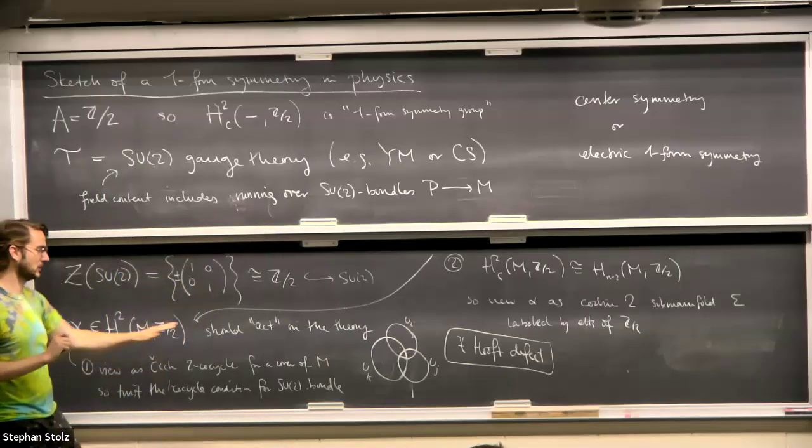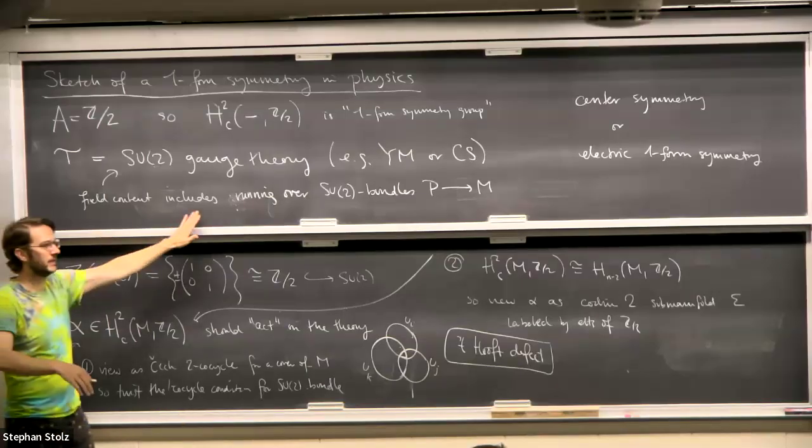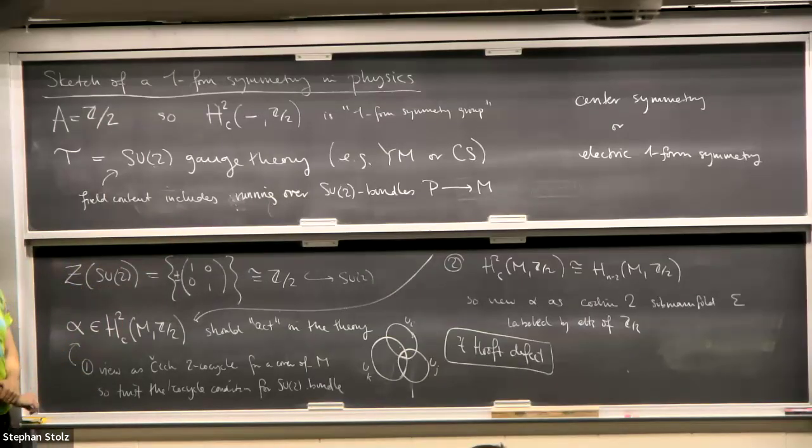In principle, you're allowed to modify it, and whatever it means to do Yang-Mills, you should also be able to talk about the path integral over these kinds of things. So one way to interpret defects is these jumps in the local cocycle. Yes, these are examples of disorder operators.